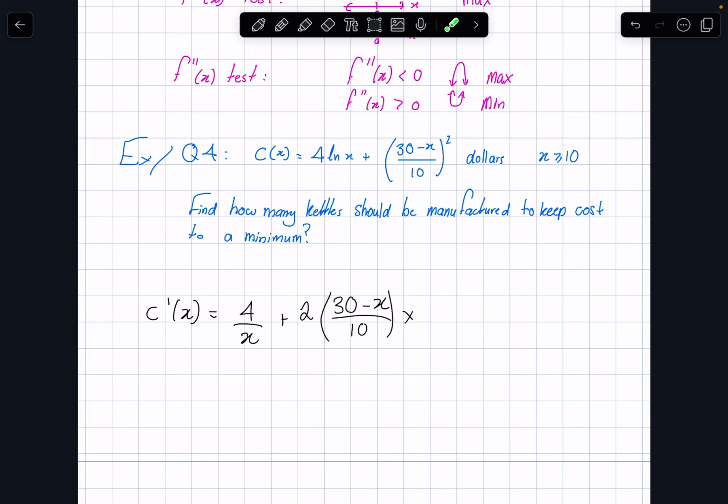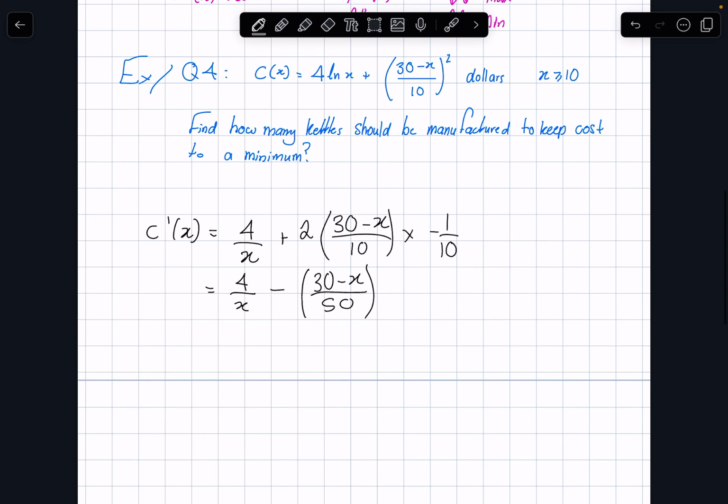The derivative of negative 1 over 10 x is negative 1 over 10. So let's tidy that up a little bit: 4 over x minus 1 over 5, but I can put that inside there and make that 50. So I've got (30 minus x) all over 50. So that there is my derivative.